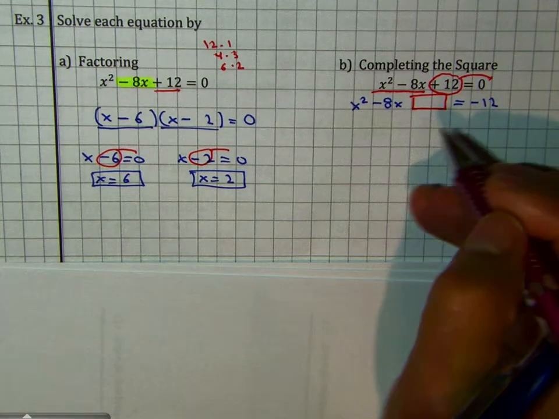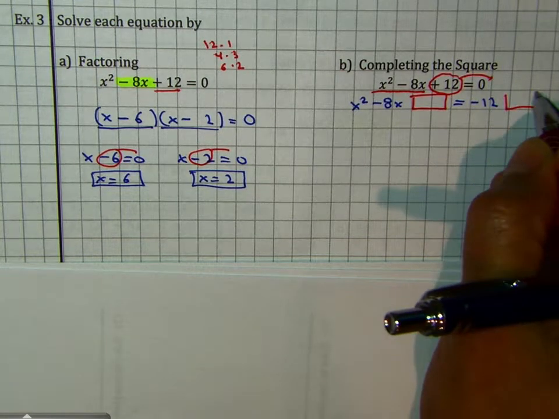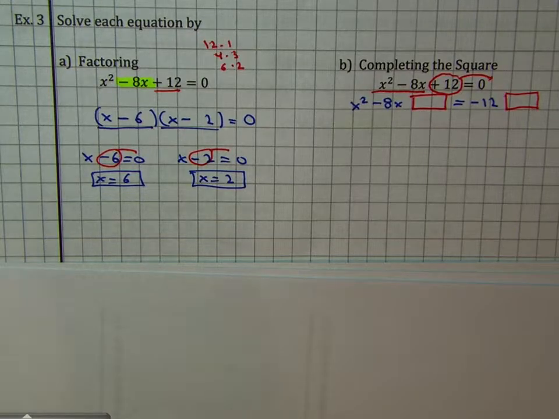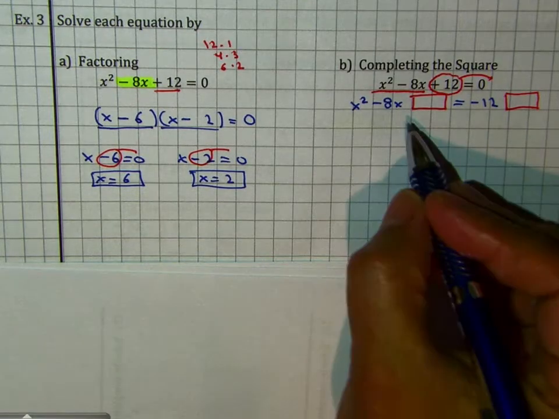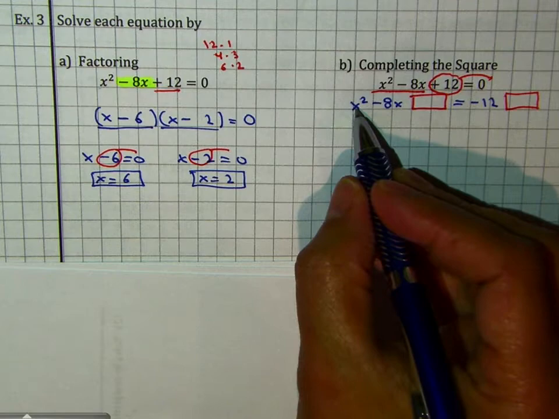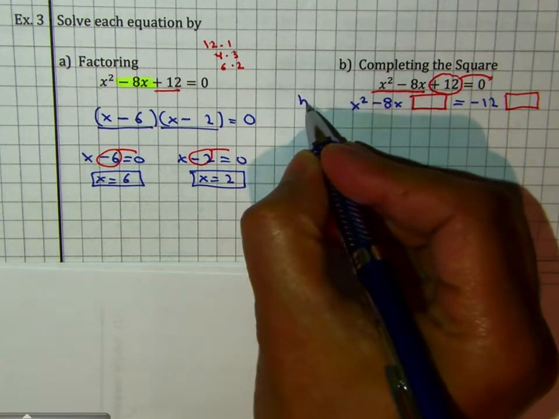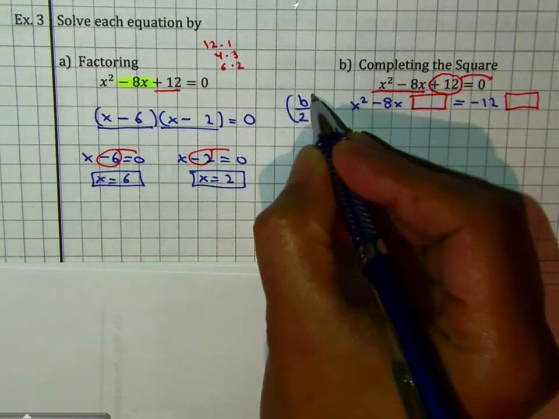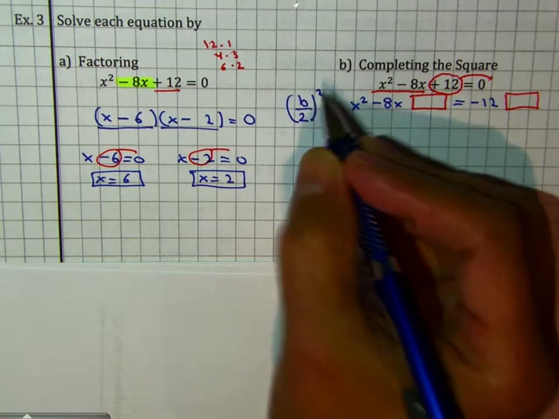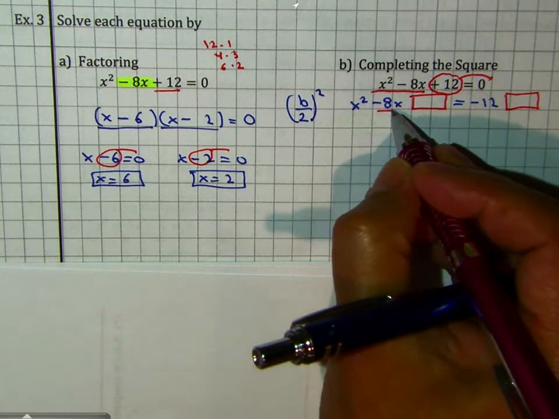And what I do on one side, I need to do to the other side. Now, do you remember what number goes in here or what formula to use? Remember, your formula is b over 2 and then square it. You take half of b and then square it. So what's half of negative 8?